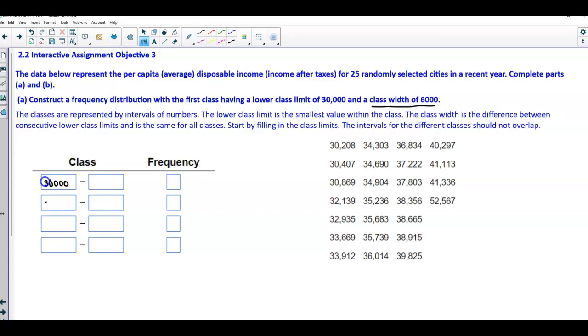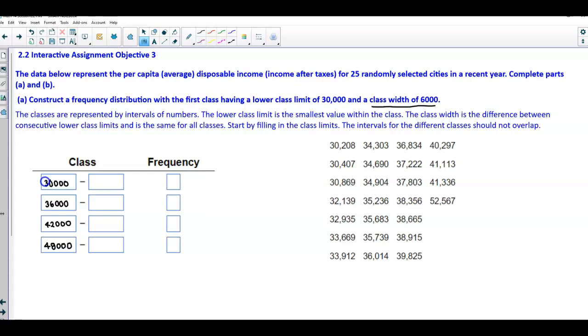That means the next value is going to be 36,000. If we add another 6,000 to the 36,000, that's going to give us 42,000. And if we add 6,000 to the 42,000, that's going to give us 48,000. So that gives us the lower limits.